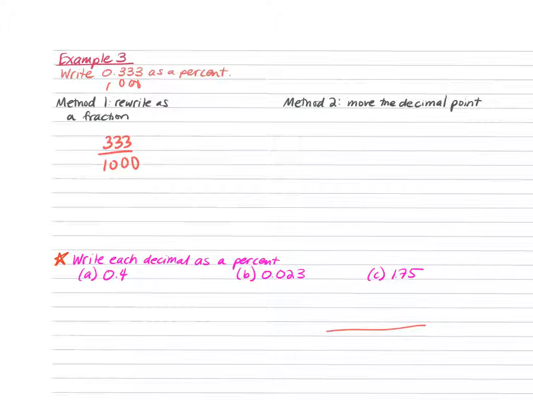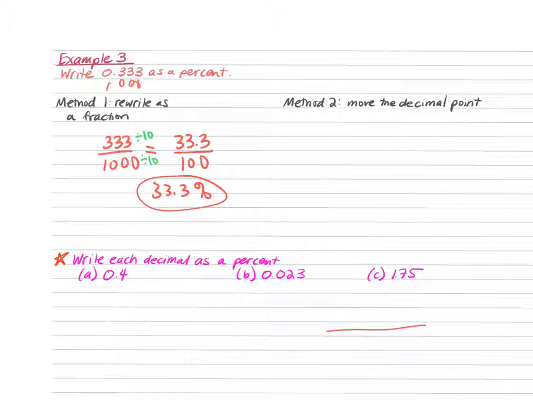But we want it over 100. So we divide by 10 on both sides to get 100. Divide by 10 just means move it over 1. So 33.3 over 100. So this is 33.3%.